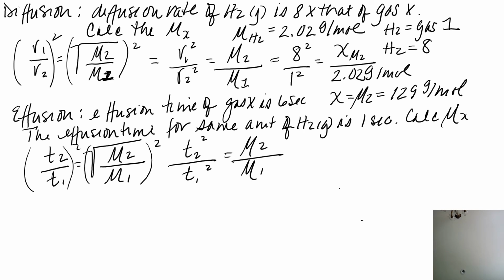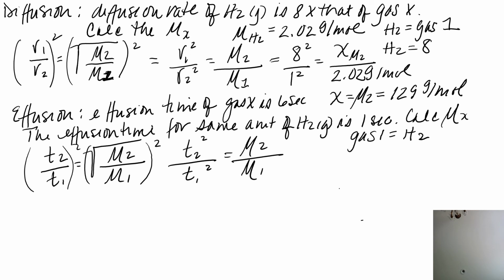And again, we will assign gas 1 to be the hydrogen gas. Okay, so gas 1 equals H2. It effuses in 1 second, and again it has a molar mass of 2.02.